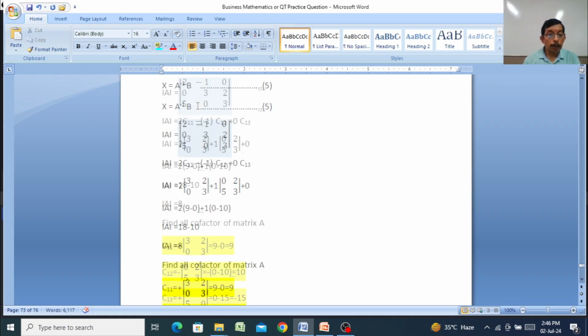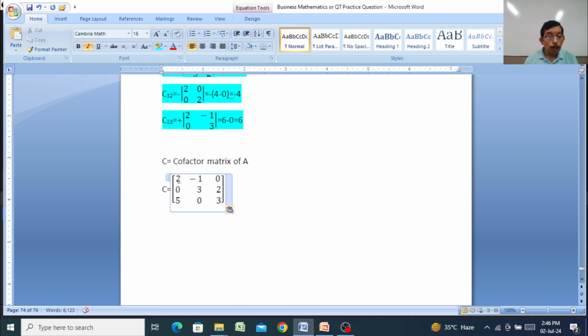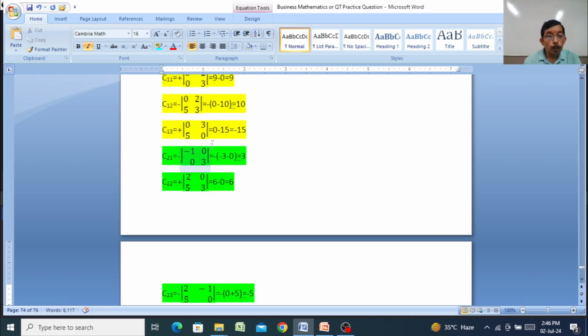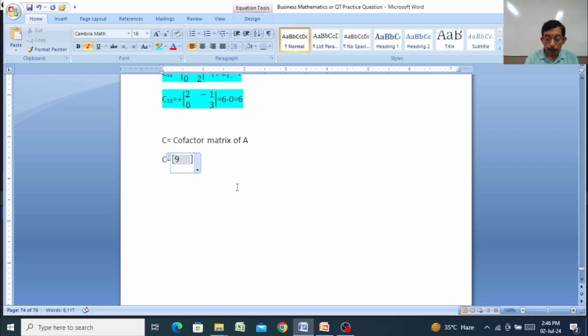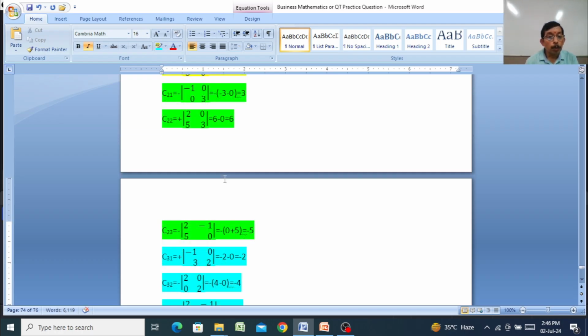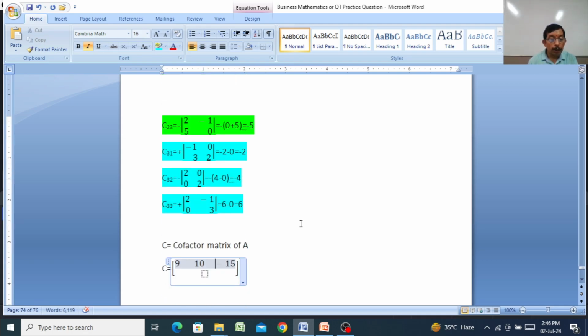Now the cofactor matrix is: first row cofactors are 9, 10, minus 15. Second row cofactors are 3, 6, minus 5.